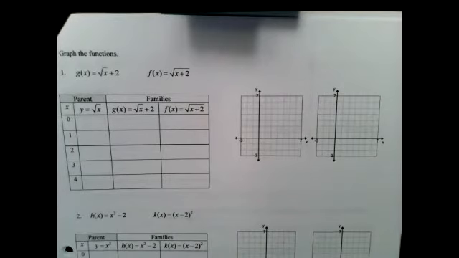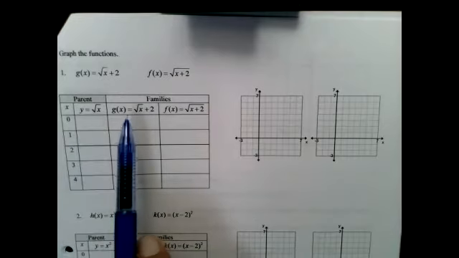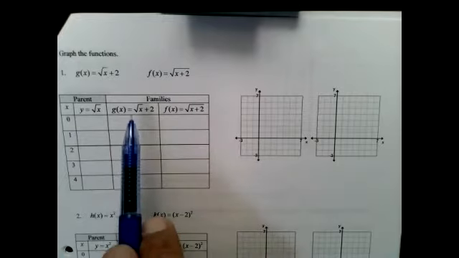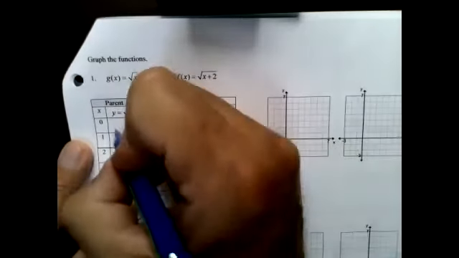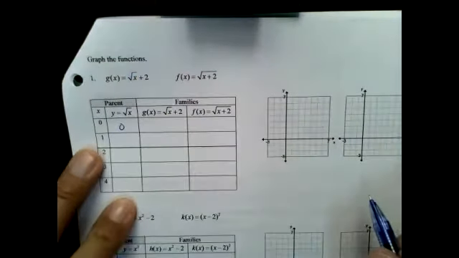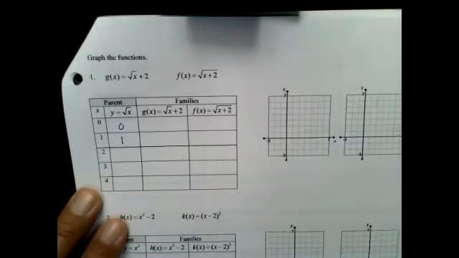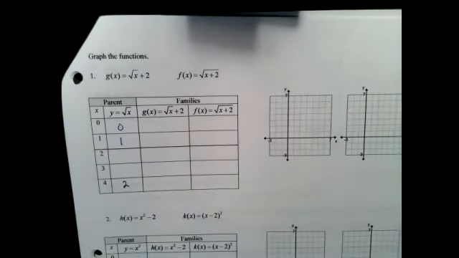Here's x values. Here's my parent function. What are the values of this function? If I take the square root of 0, 0. Square root of 1, 1. Square root of 2, I don't know. Square root of 4 is 2.